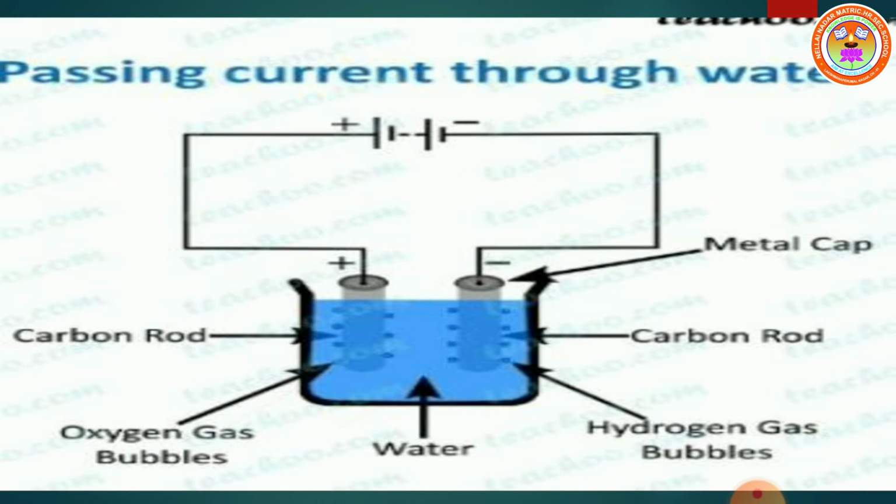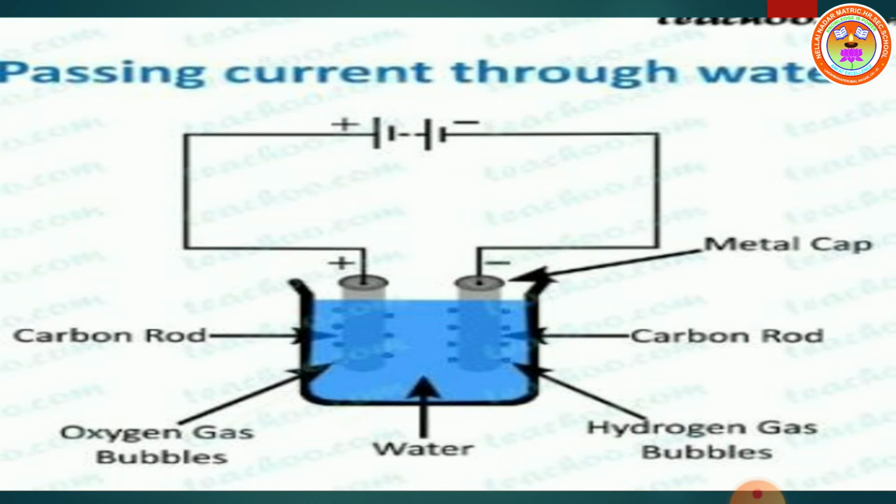We know that electricity is conducted by metals. This activity shows that liquids also conduct electricity. When electric current is passed through a conducting solution, some chemical reactions take place in the solution.